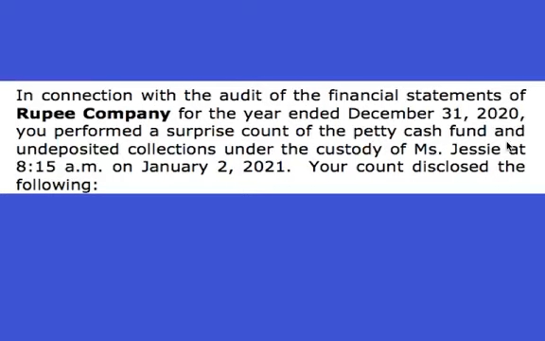Petty cash fund and undeposited collection. So ang in-inspection dyan yung petty cash at yung mga collections na hindi pa na-deposit, under the custody of, take note of the custodian, Miss Jessie. Time of count, 8:15 a.m. Date of count, January 2. Now, anong implication ng date and time?